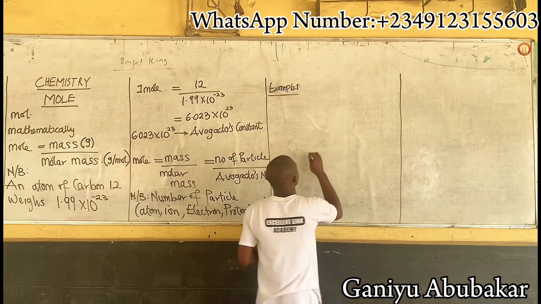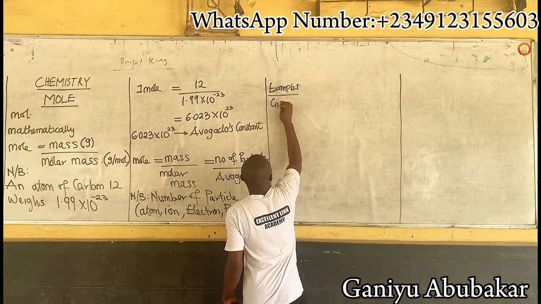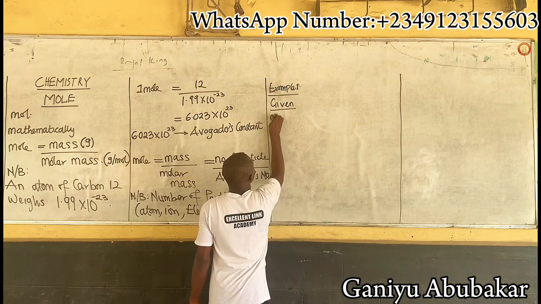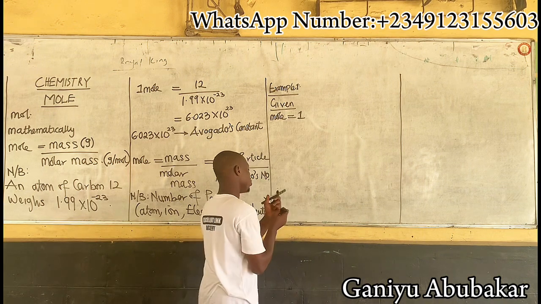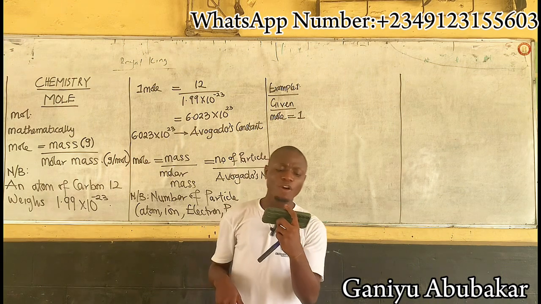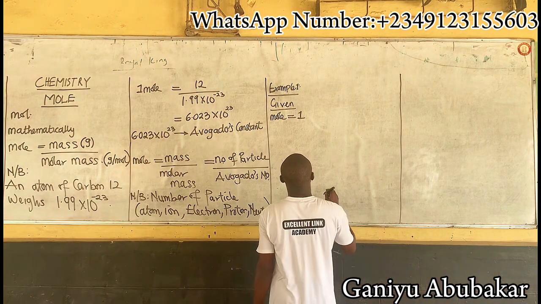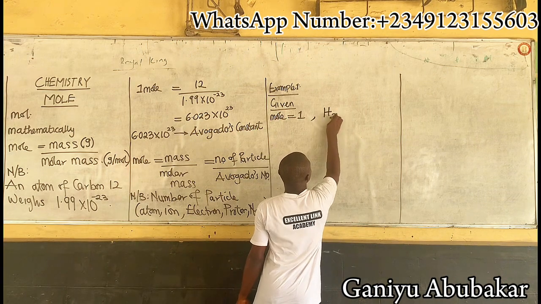In this case, let us list the givens. What am I given? I'm given mole. How many moles am I given? Just 1 mole. It says how many atoms are contained in 1 mole of hydrogen molecule. I'm also given hydrogen molecule.